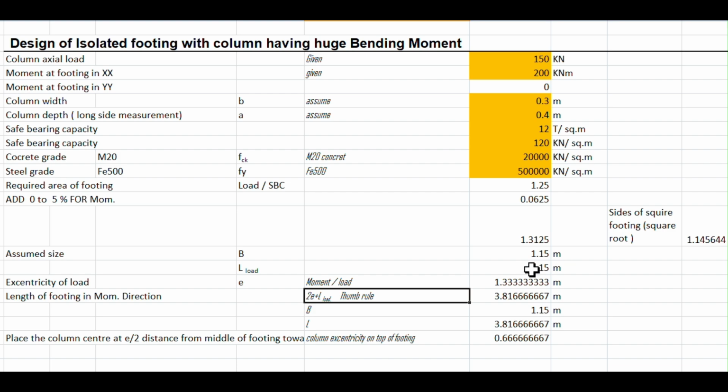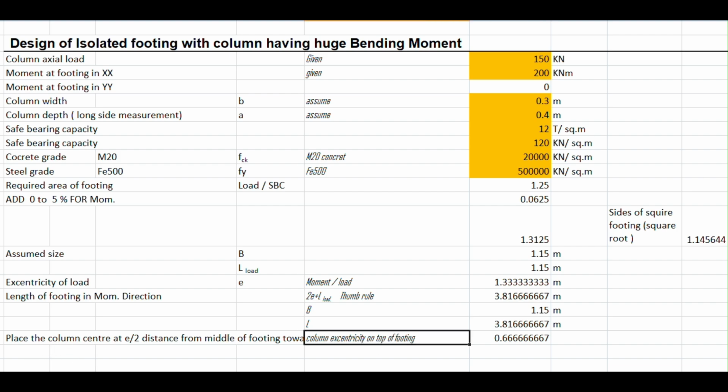L load means the theoretical length for the direct load, which may be taken as the length of the actual footing for the application of load and moment. This is 3.18 meter. So now, including that thumb rule, the total net breadth is 1.15, length is 3.816.